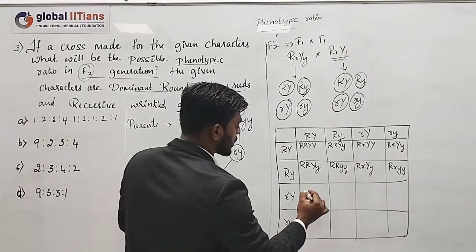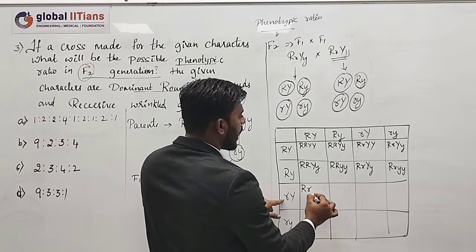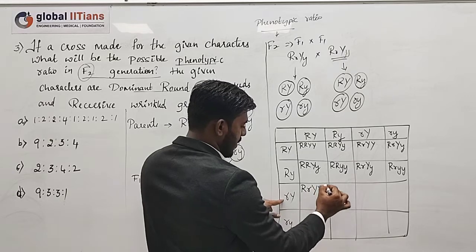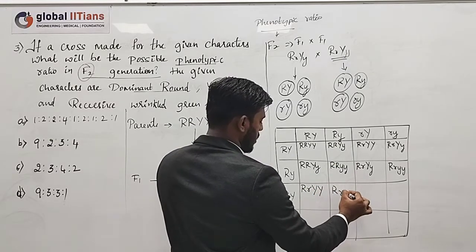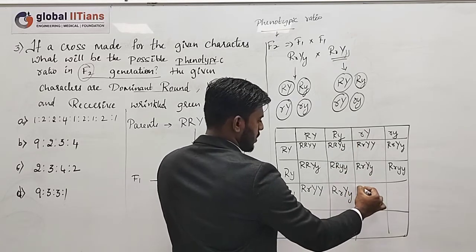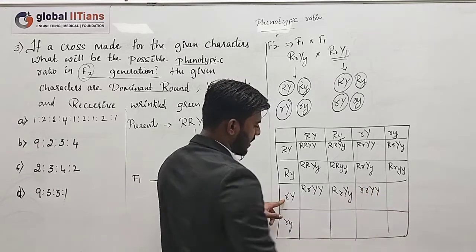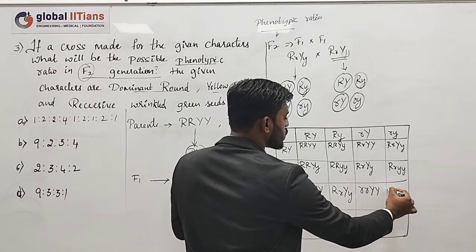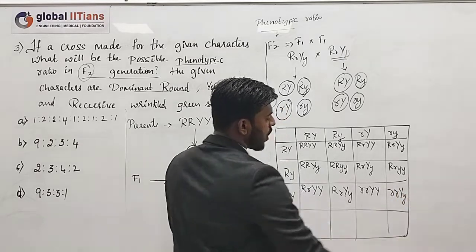Now we'll see the next one: capital R, small r, capital Y, capital Y; capital R, small r, capital Y, small y; small r, small r, capital Y, capital Y; and small r, small r, capital Y, small y.